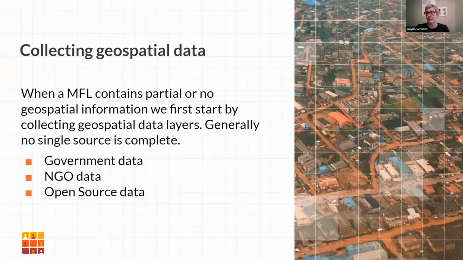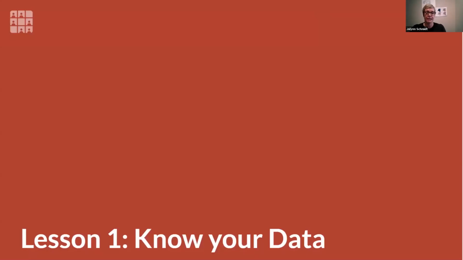To start that process, I have collected geospatial data. This data can come from various organizations, either government data, other NGOs, or open source data. My first lesson is to get to know your data, since we're collecting it from many different places.